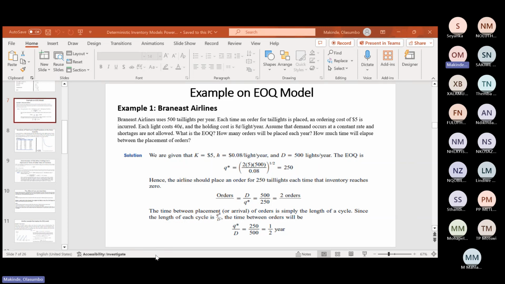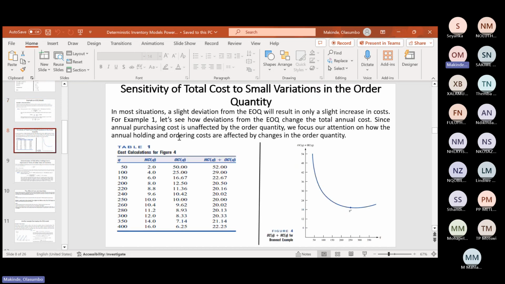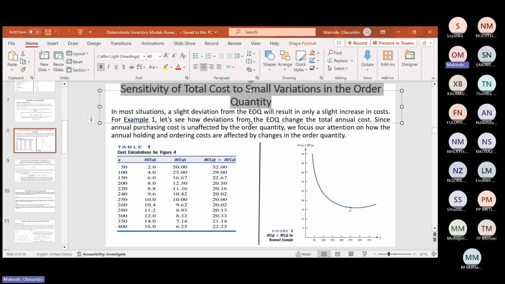So we can also have some questions, which we'll talk to in the next slide. Then we'll try to look at some questions in the book in line with these examples on EOQ. We can also be looking at the sensitivity. How sensitive is our total cost if we deviate from the EOQ?